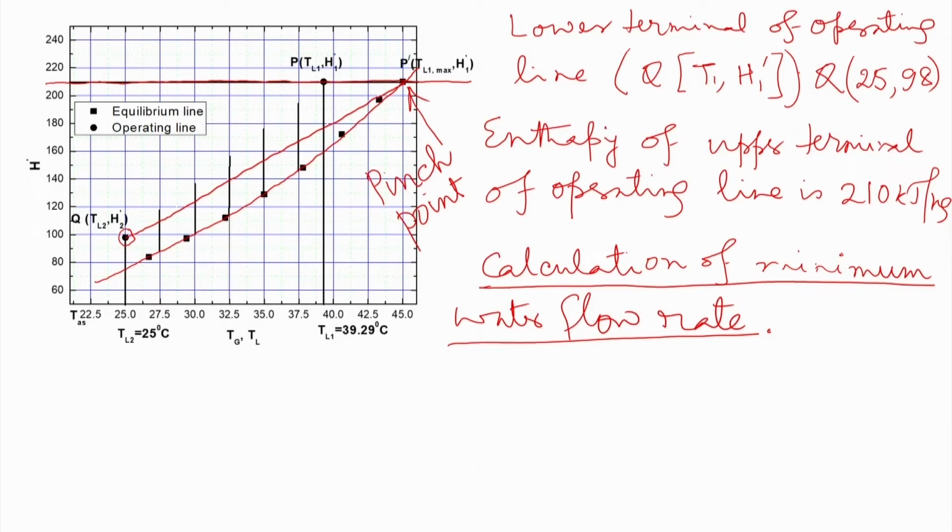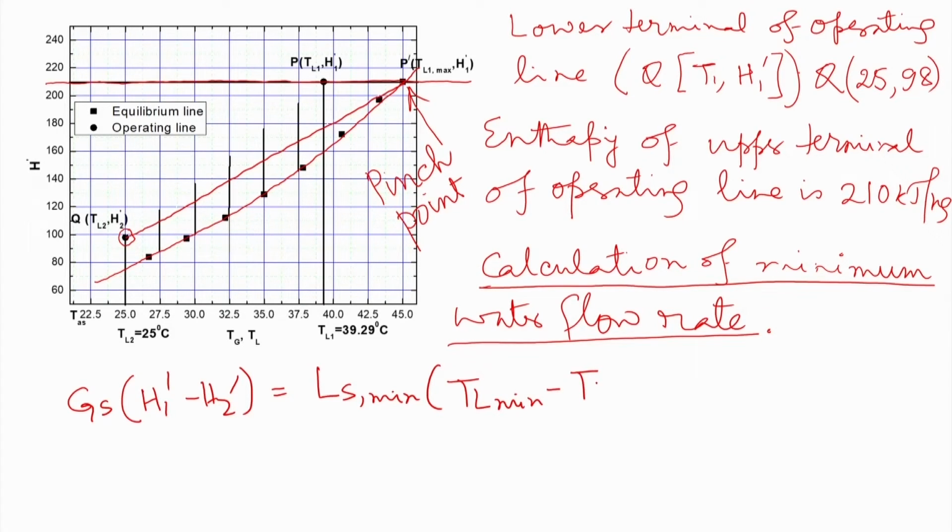Now we get the minimum water flow rate. If we do the overall enthalpy balance, it will be like this: Gs into (H1 prime minus H2 prime) is equal to Ls minimum into (TL minimum minus TL2) into CWL.